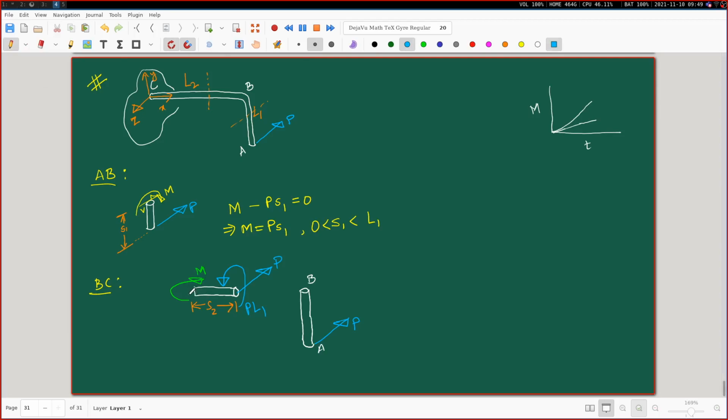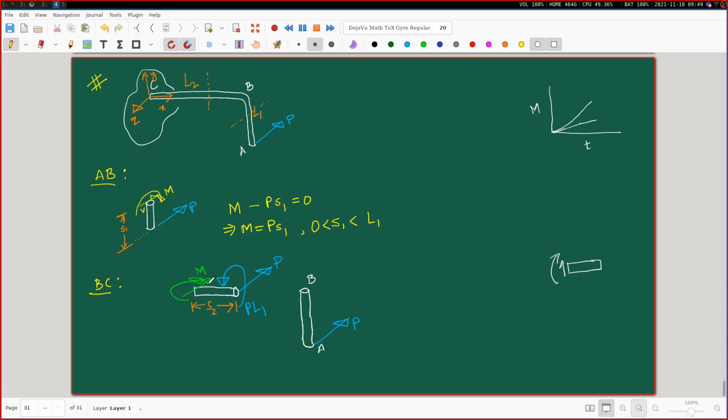So I will just draw the shear force here like this, because I want to respect the convention that when I draw a cut piece like this, I draw the moment like this and I draw the shear force like this. So that's why I'm drawing it like this.